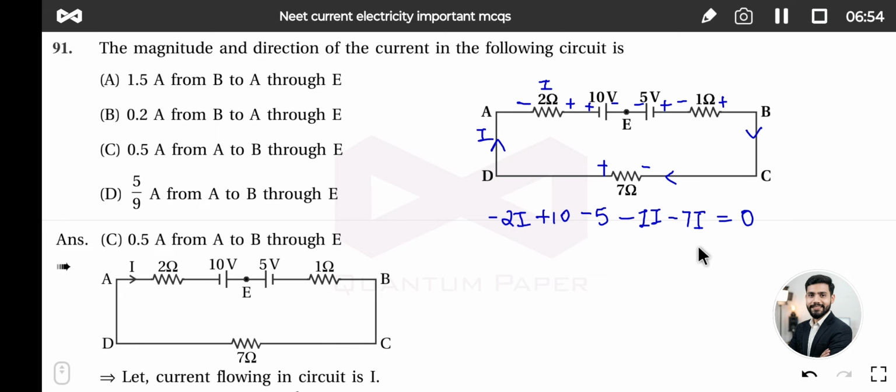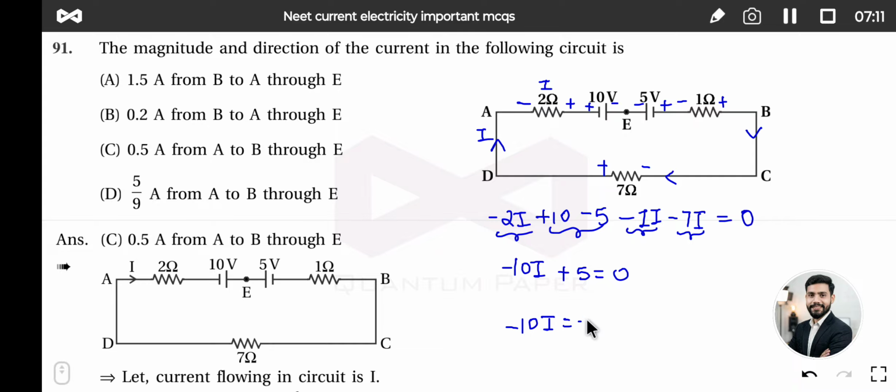So if we solve this equation, we will get the value of the current. So minus 2I minus 1I minus 7I becomes minus 10I. And 10 minus 5, which is nothing but plus 5, is equal to 0. If we take this plus 5 to that side, minus 10I is equal to negative 5.